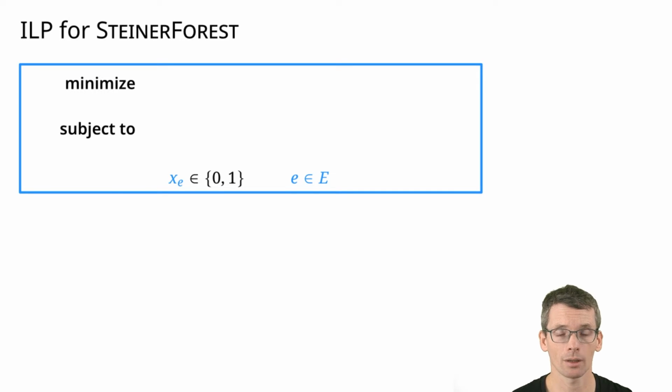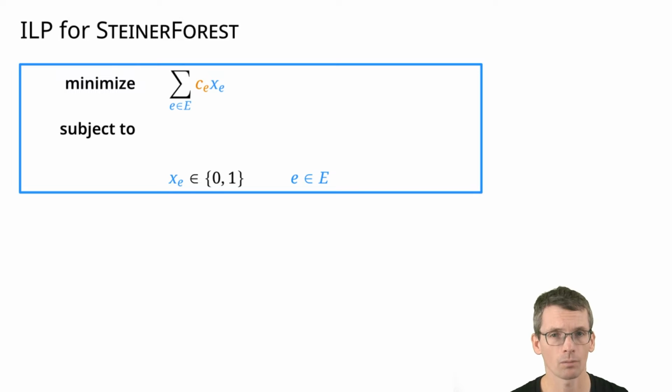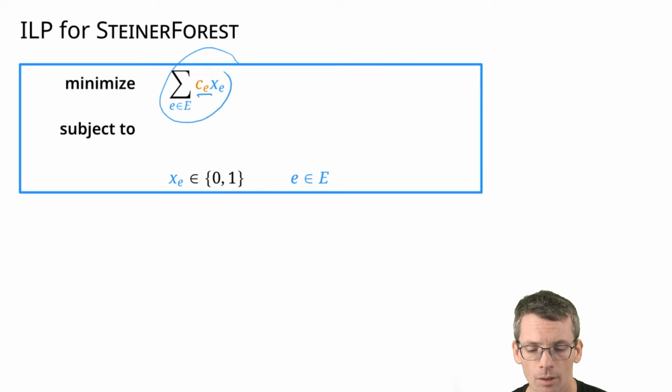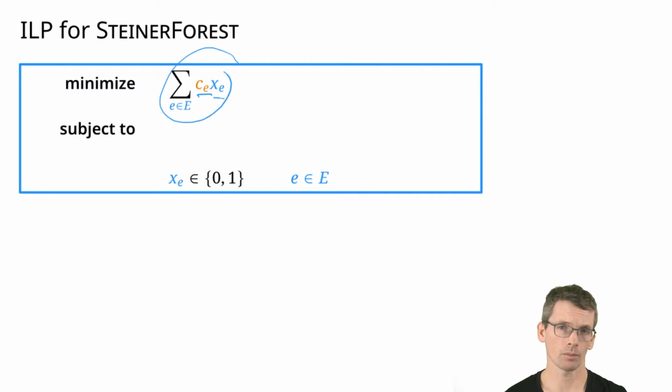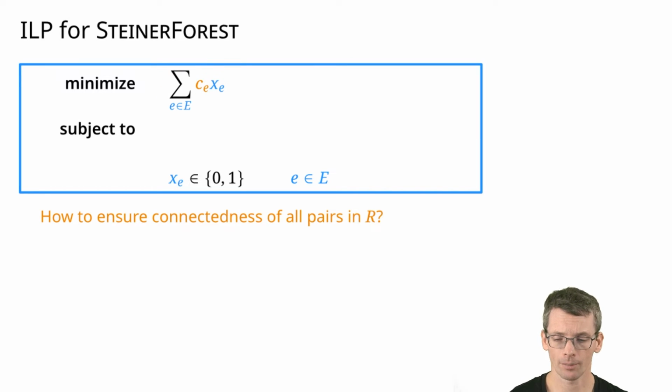So those where I set the variable to 1, and this simply boils down to the sum of edge cost times the variable for that edge, because that is 1 if I pick it, or 0 if I don't do so. But now we have to ensure connectedness.